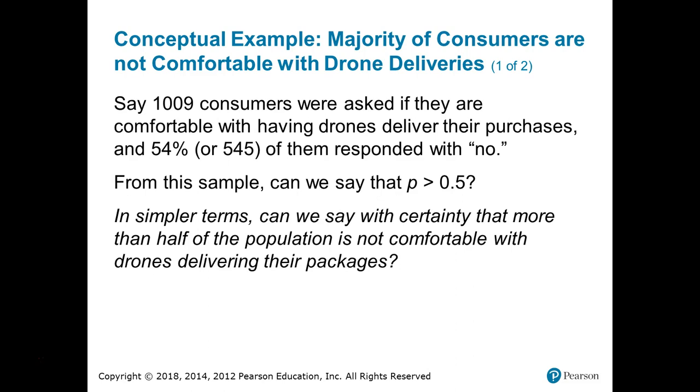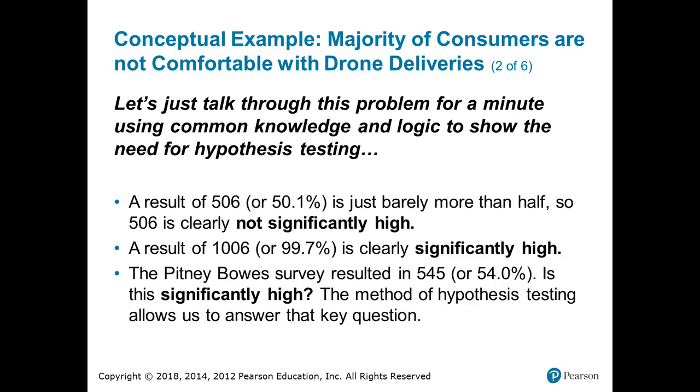In simpler terms, can you say with certainty that more than half the population, not just a sample, more than half of the entire population is not comfortable with drones delivering their package? So let's talk through this problem for a minute, just using common knowledge and logic to show the need for hypothesis testing.